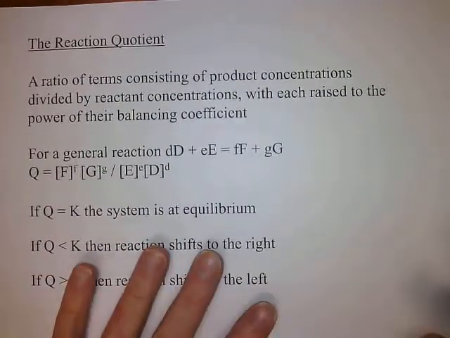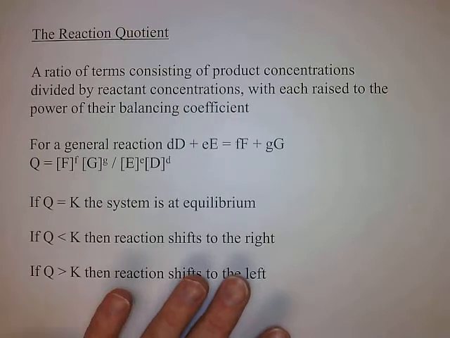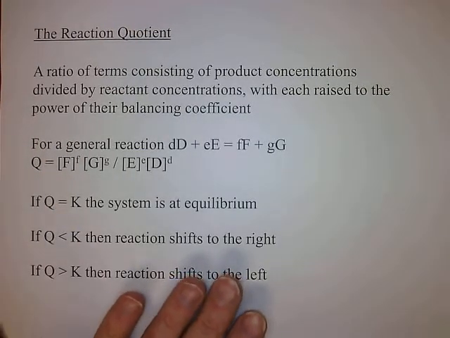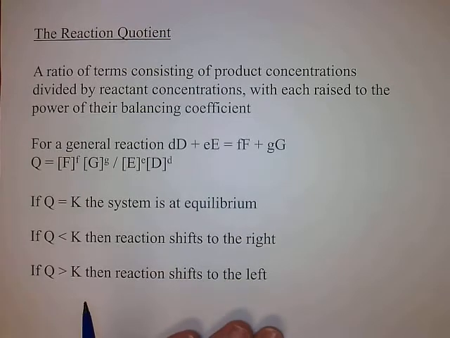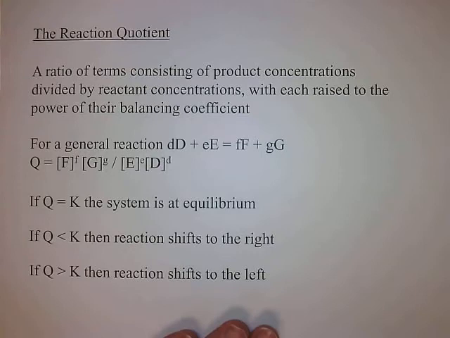Okay, so what we call the reaction quotient, which is Q, is a ratio of terms consisting of product concentrations divided by reactant concentrations, with each raised to the power of their balancing coefficient.